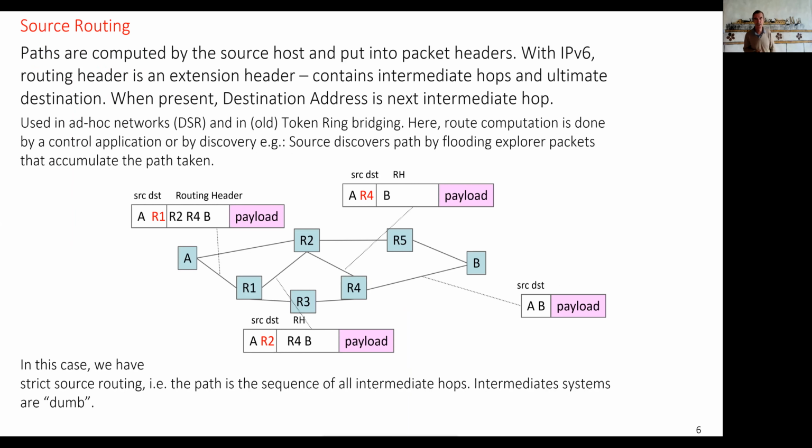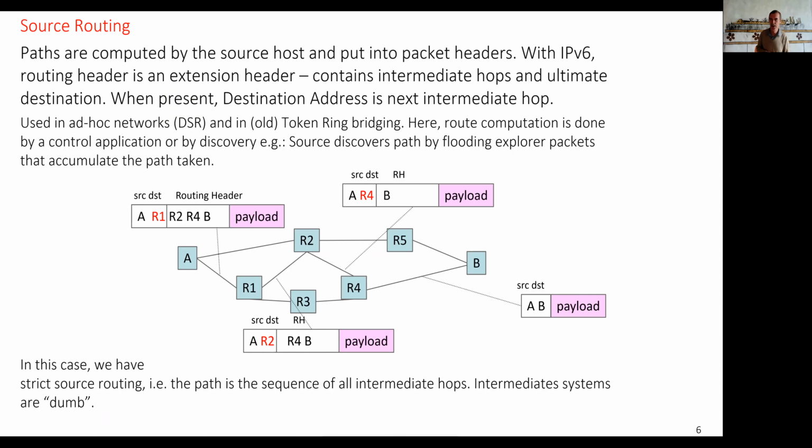There is another method that we will not discuss in detail, but is important to know. It's very simple. It's called source routing. Source routing was used historically in token ring bridges, and it is used in ad hoc networks.